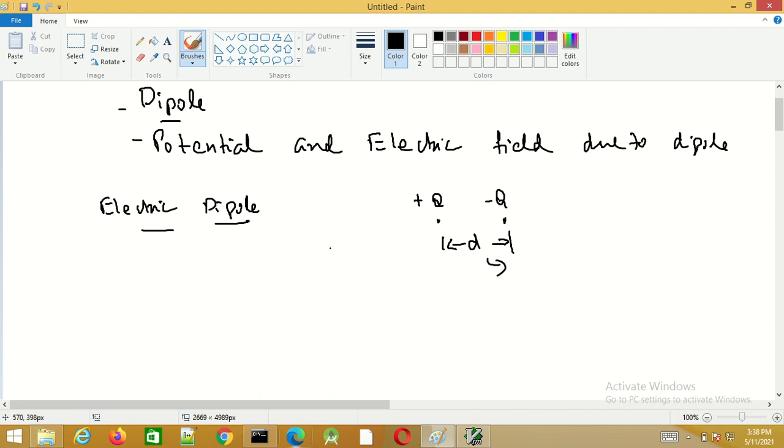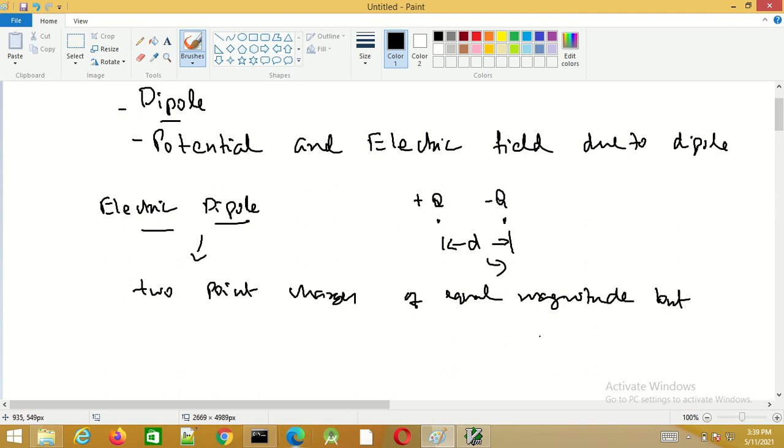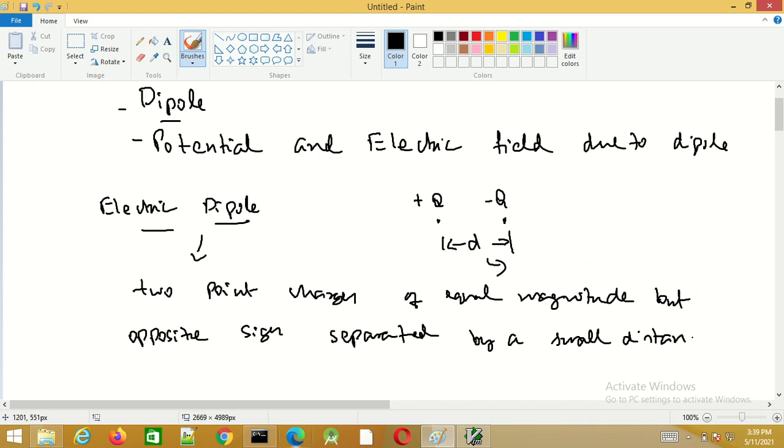So a dipole can be defined as two point charges of equal magnitude but opposite sign separated by a small distance. It is very important that this d is very small.